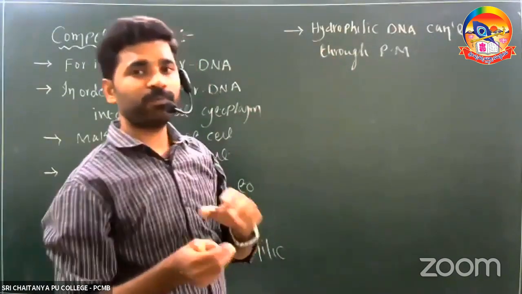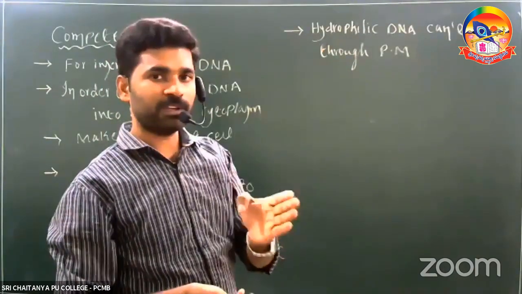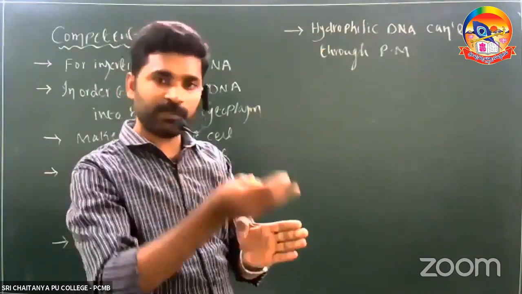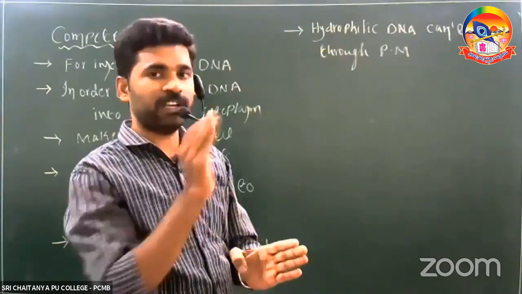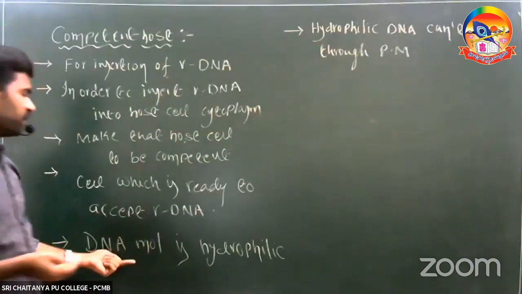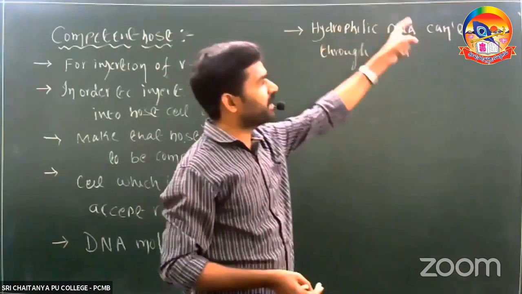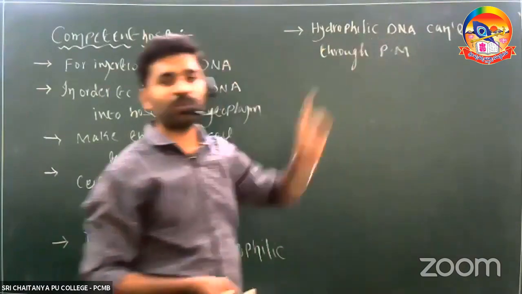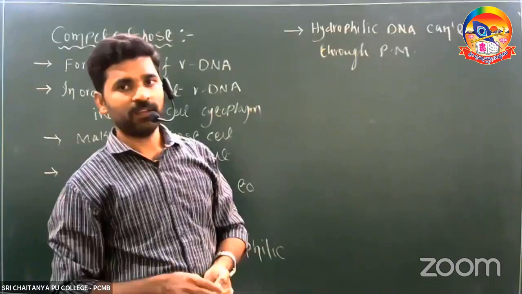Because it is made up of proteins and lipid molecules. Those hydrophobic lipid molecules do not allow hydrophilic molecules. Here the DNA molecule is hydrophilic in nature, so it cannot pass through the plasma membrane or cell membrane.